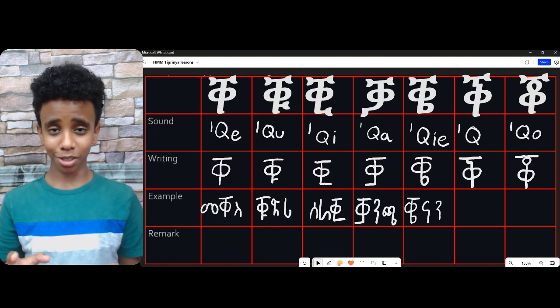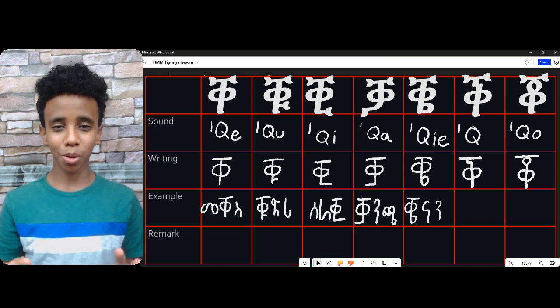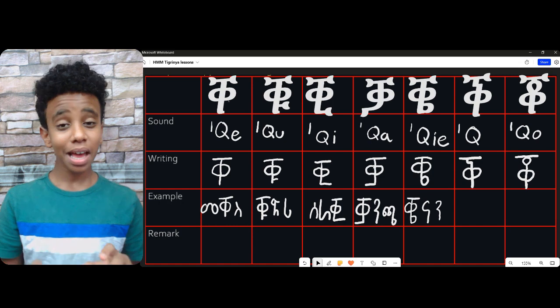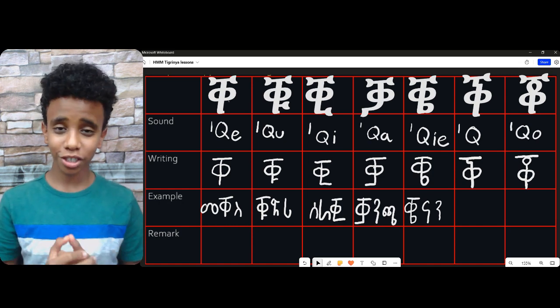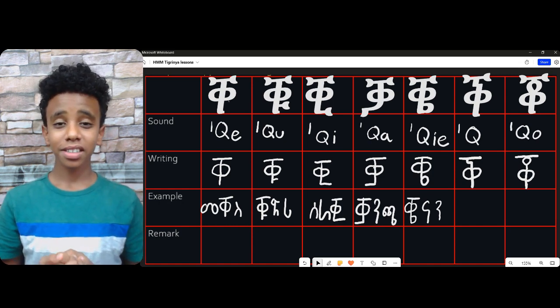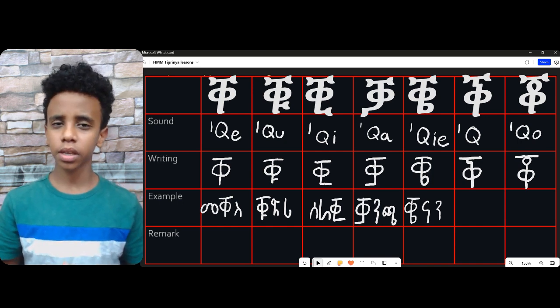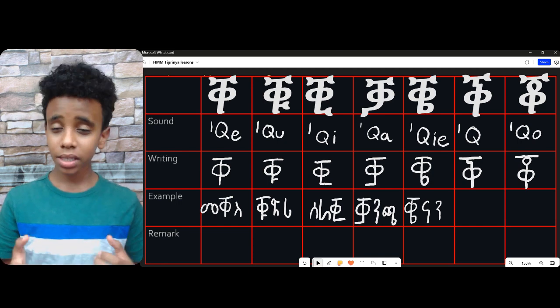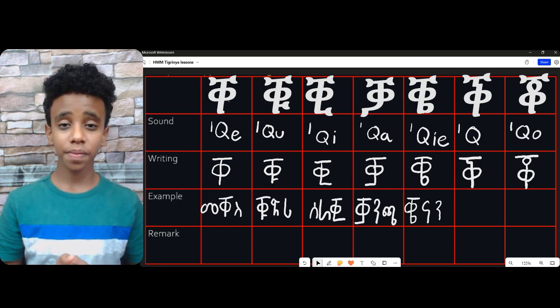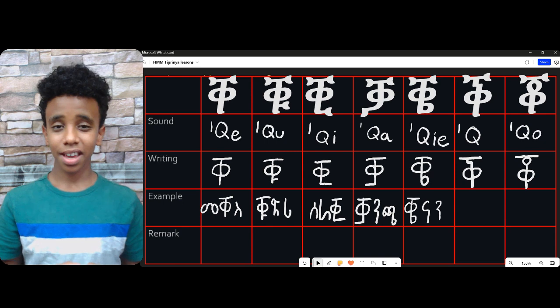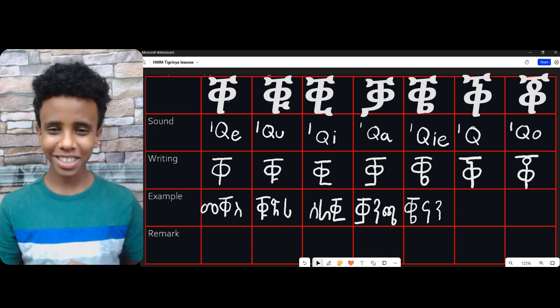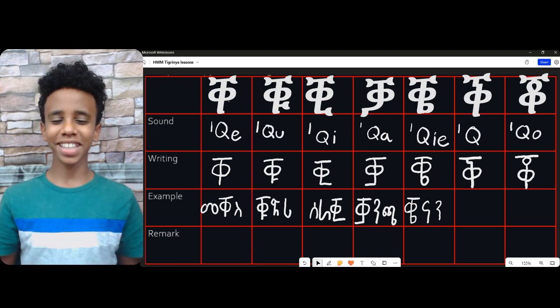Again, I don't suggest using this as a normal Tigrinya word, but Qenan in Tigrinya means tilted in English. Now, for some of us English-speaking people, tilted may not be that big of an insult, but for people who speak Tigrinya, it is a pretty harsh insult, so I don't suggest going around and saying this.